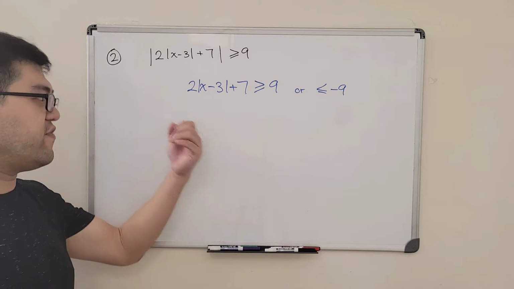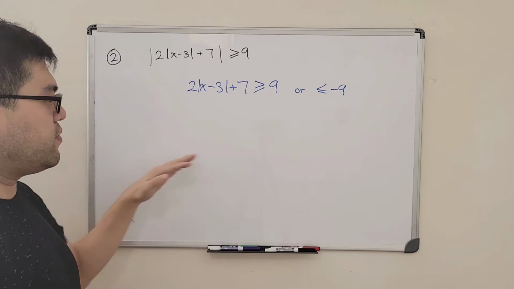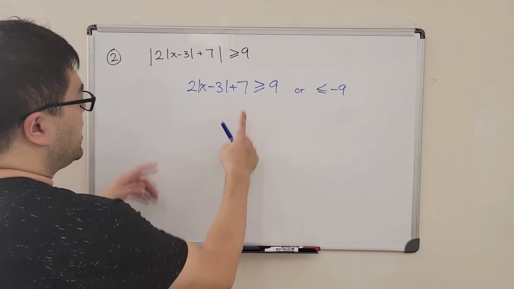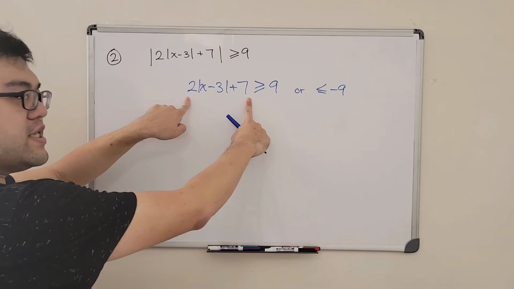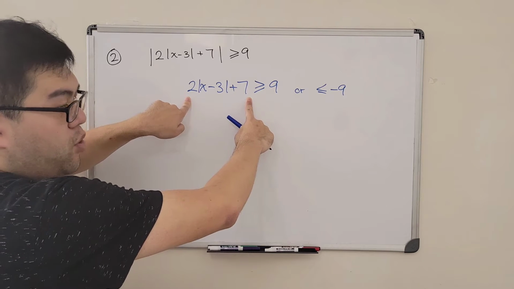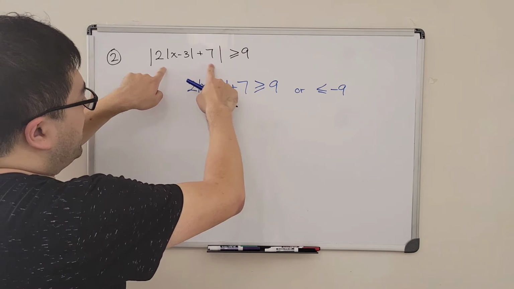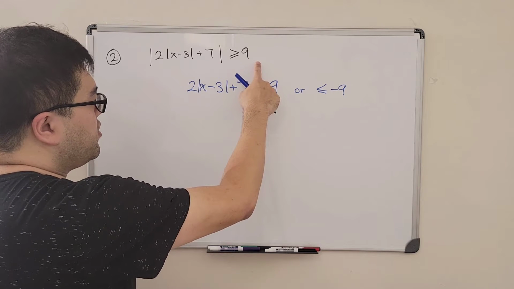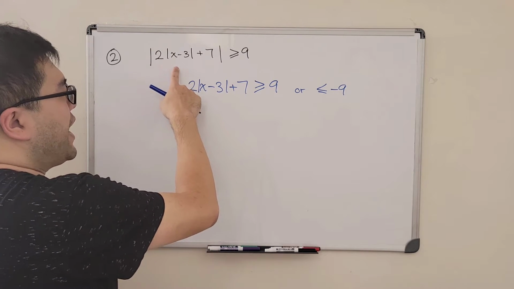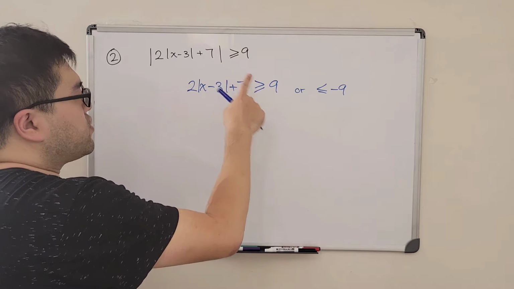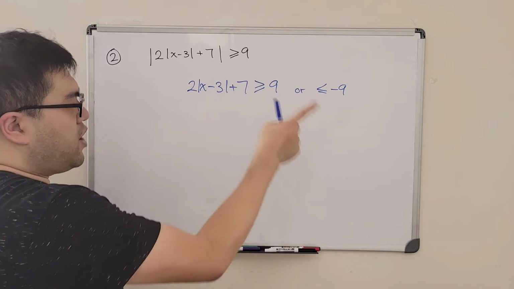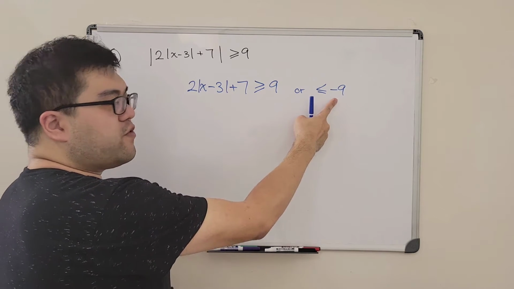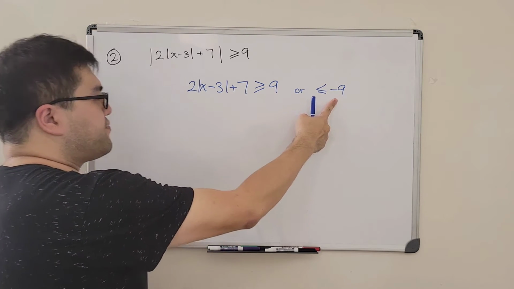Because of the definition of absolute value. If we consider the number line again, we will be able to see that if we call everything inside just some variable y, and we have absolute value of y is greater than or equal to some positive number, it means that y itself has to be either greater than or equal to that positive number or less than or equal to the negative version of that number.